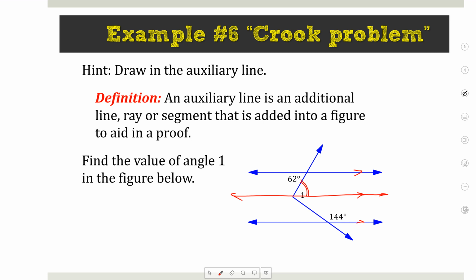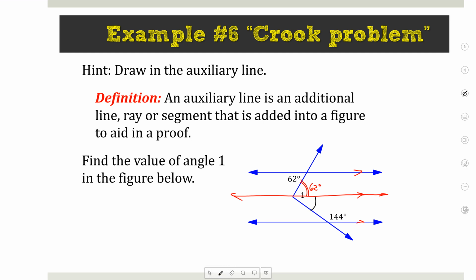Because 62 is from there. The alternate interior. Perfect. It's an alternate interior angle to the other 62. So when you're doing that, you probably want to cover up that bottom part. Now you can see that that's alternate interior. Okay. Next question.